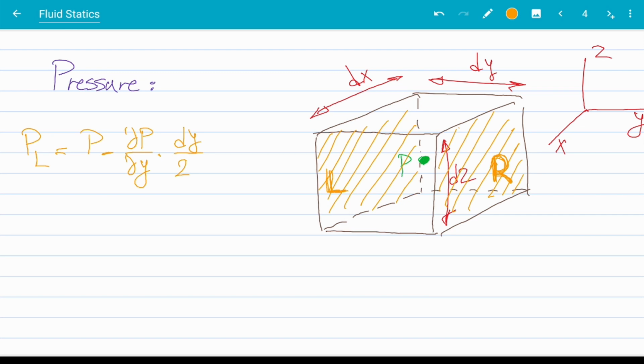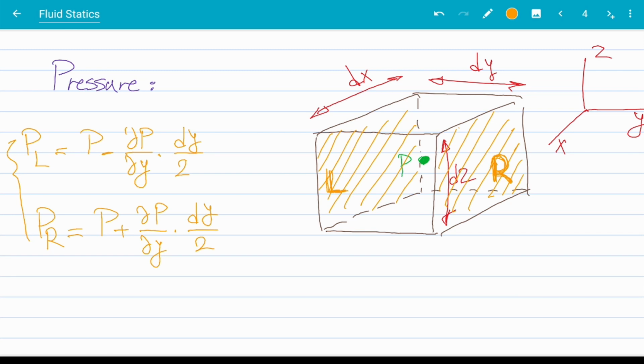This is how you use a Taylor series to find the pressure on the left side of this cube. I can do the same thing for the pressure on the right side. So pressure on the right is going to be the pressure at the center of the cube plus partial P partial y times dy over 2.